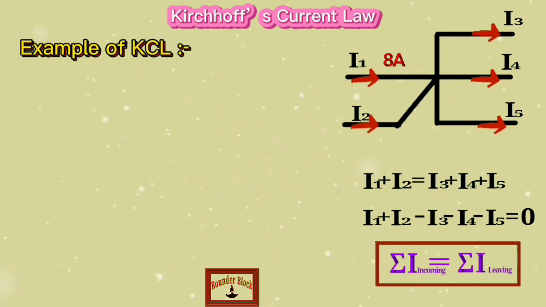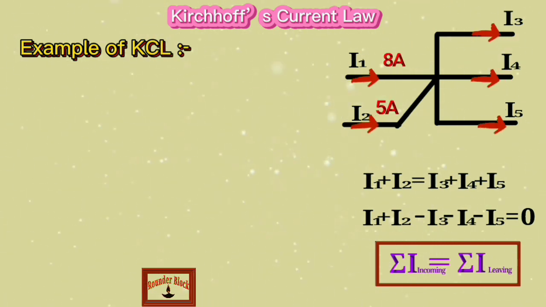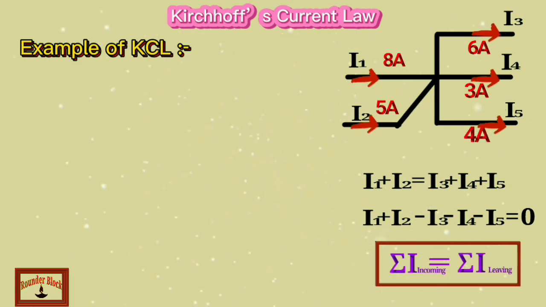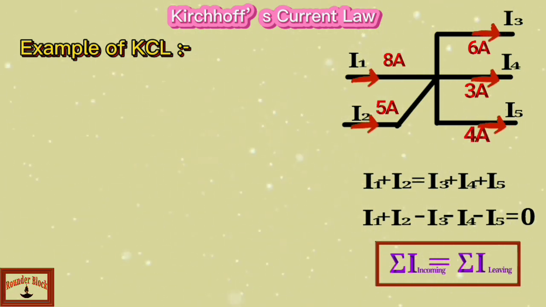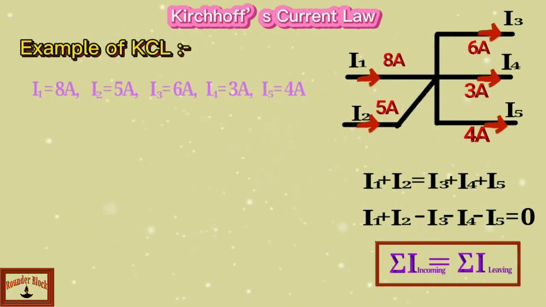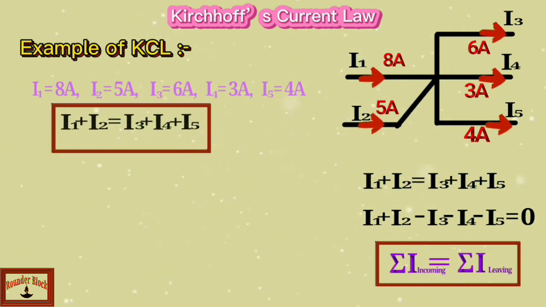Let's take an example to understand. 8 ampere and 5 ampere currents are coming towards a junction point, and 6 ampere, 3 ampere, and 4 ampere are leaving that junction point in the figure. Therefore, I1 equals 8 ampere, I2 equals 5 ampere, I3 equals 6 ampere, I4 equals 3 ampere, I5 equals 4 ampere. According to KCL, incoming currents equal leaving currents.